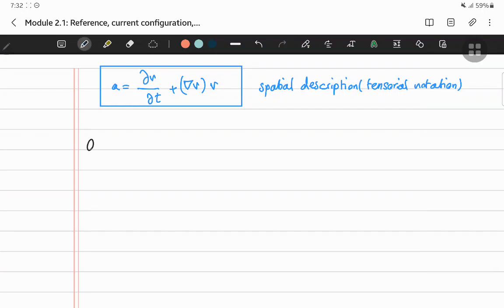Let's say that overall, therefore, in general, for a scalar field, we have this equation here.